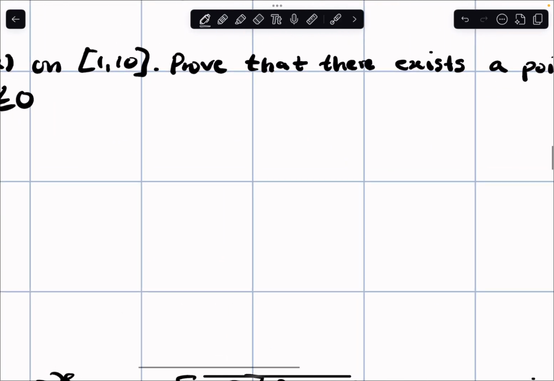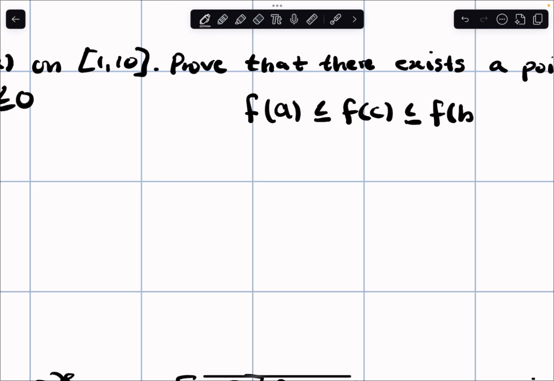Okay, so let's do the same thing we've been doing. So, before I jump the gun, f of a is less than or equal to f of c is less than or equal to f of b. So we'll just format it. This is going to be your a, this is going to be your b.